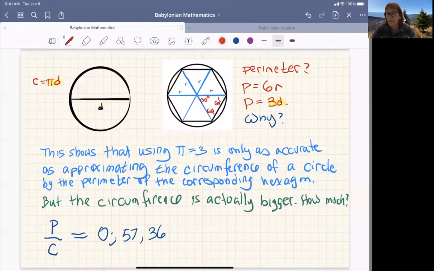So what's the name of a triangle that has all three angles 60 degrees? Equilateral? Exactly, that's equilateral.